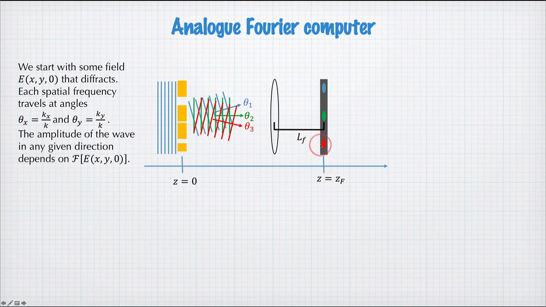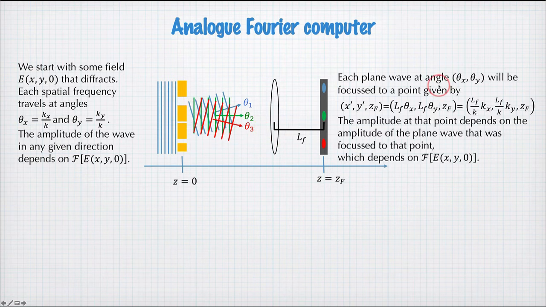And the strength of this spot, the amplitude of the field of this spot, will depend on how much of the wave was travelling at this angle, the amplitude of the wave component travelling at this angle. So each plane wave travelling at some angle theta x and theta y will be focused to a point, and the position of that point will be x dashed, y dashed at ZF. So ZF is the focal plane, and x dashed and y dashed are now the x and y coordinates at this plane.